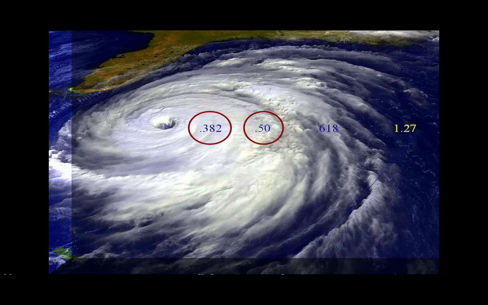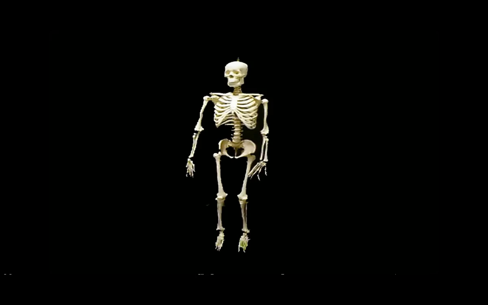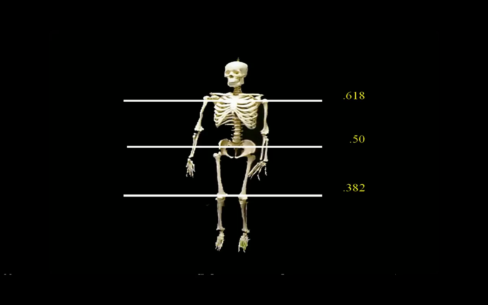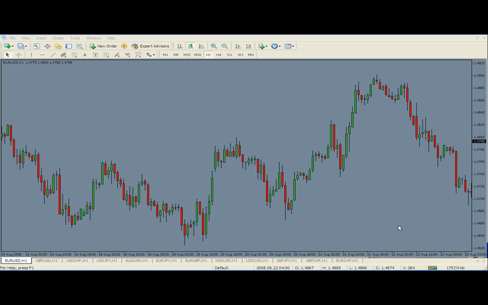These Fibonaccis create a zone for support or resistance in moves created north or south in the Forex market. Fibonacci is followed every day in life, including in our body. As you can see, we have every part of the Fibonacci retracement, consisting of the 382, the 50%, and the 618 Fibonacci retracements.